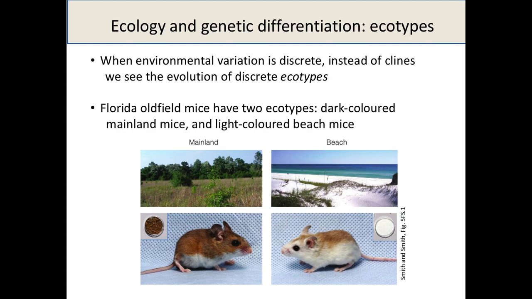This is an example from some mice, a population of field mice, and they can have a range of hair colors, everything from dark to a much lighter color. They're found in a coastal environment made up of sand dunes and fields.